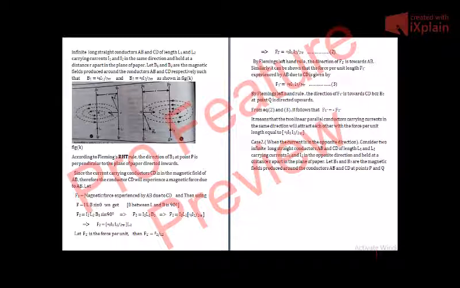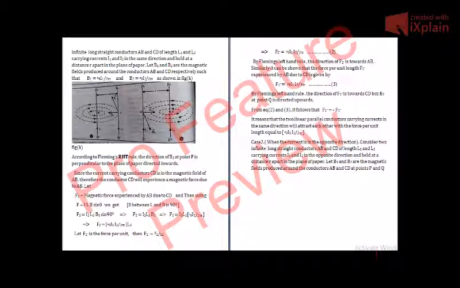If you draw a tangent to the circle at point P, then you will see that the direction of magnetic field B1 produced by AB is downwards. Since the current carrying conductor CD is in the magnetic field of AB, the conductor CD will experience a magnetic force due to AB.